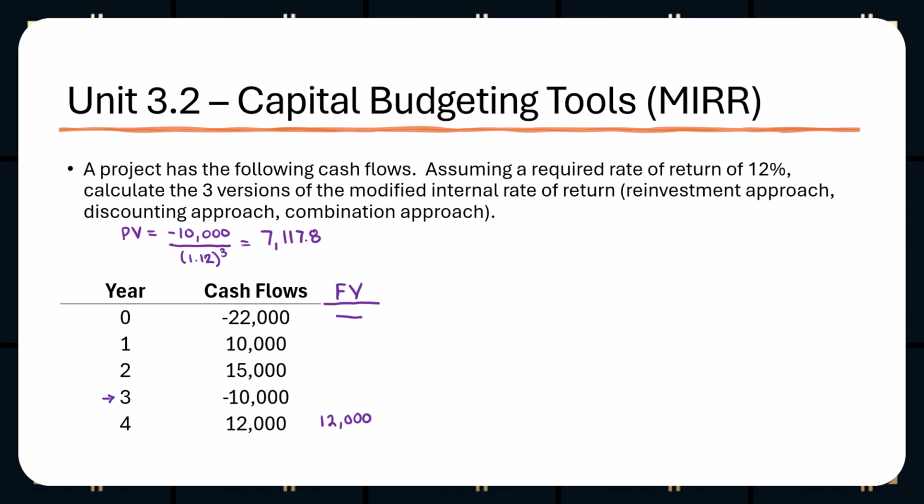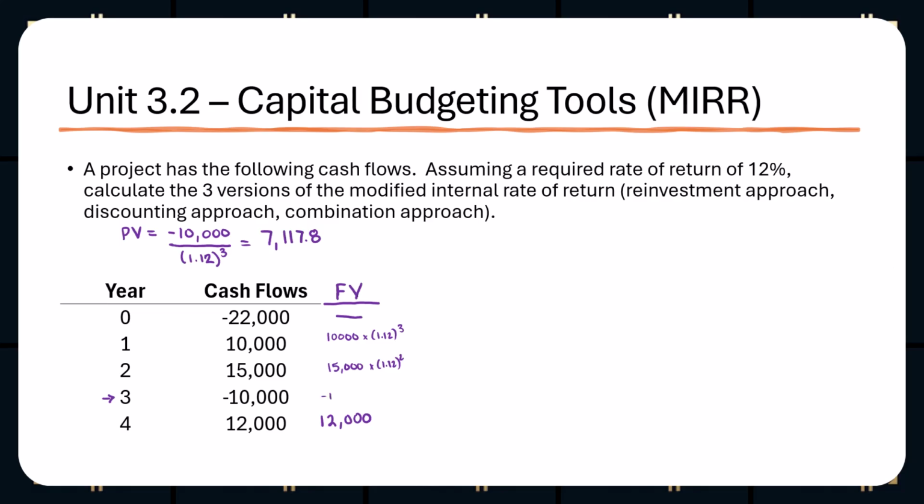What we do need to do, however, is we need to send this $10,000 to the end of year 4. Notice that that is only 3 periods into the future. So the value here for this cash flow is going to be 10,000 times 1.12 raised to the third. For the 15,000, we only are going to move that 2 years, so it'll be 15,000 times 1.12 squared.